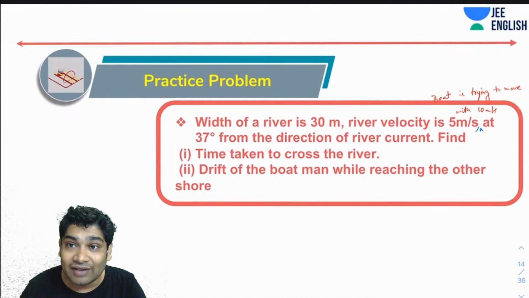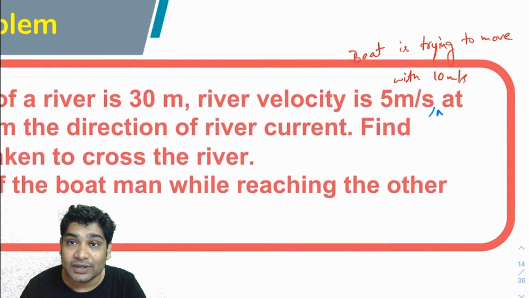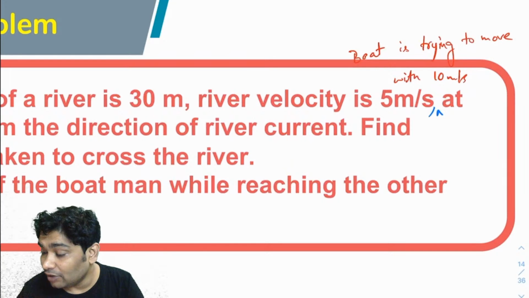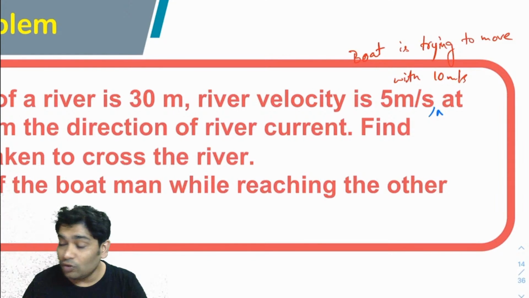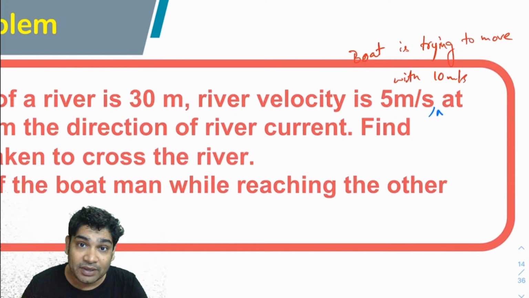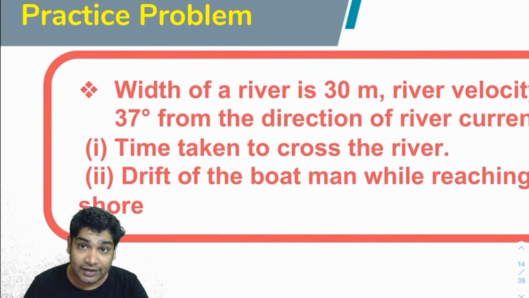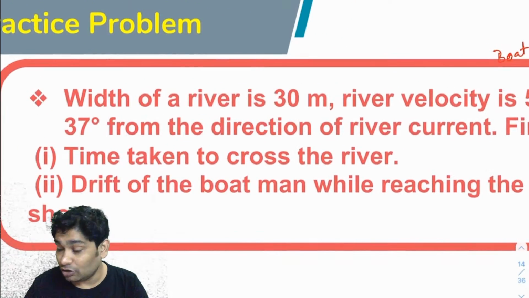Okay, so that was missing. I've added that. So please note this: you have a boat which is trying to move with a speed of 10 meters per second at an angle 37 degrees with the direction of river current.